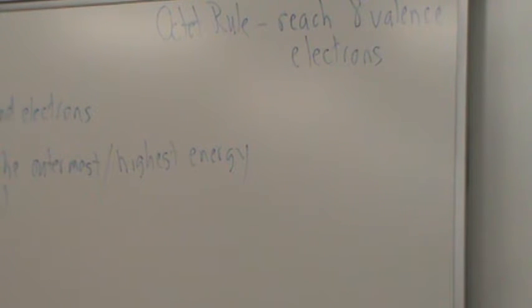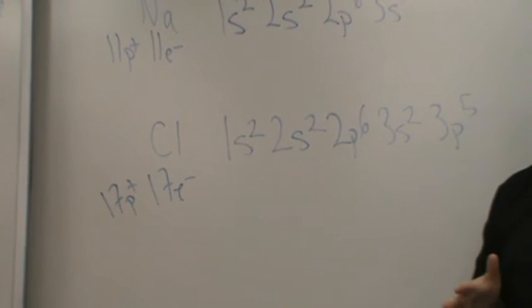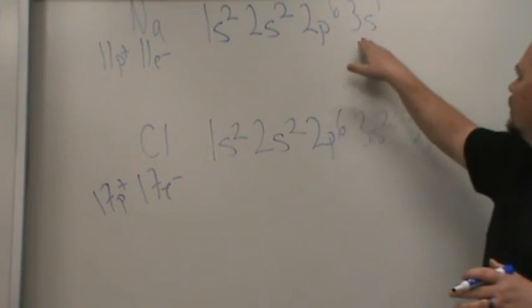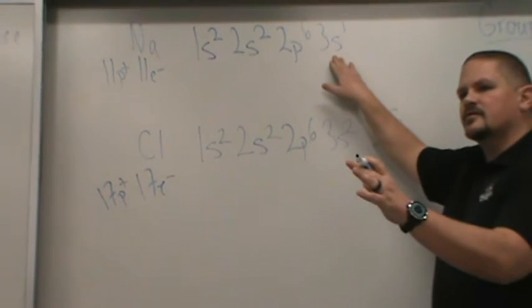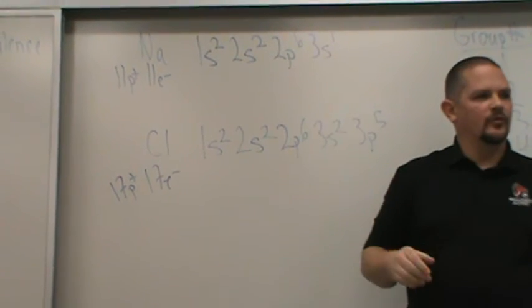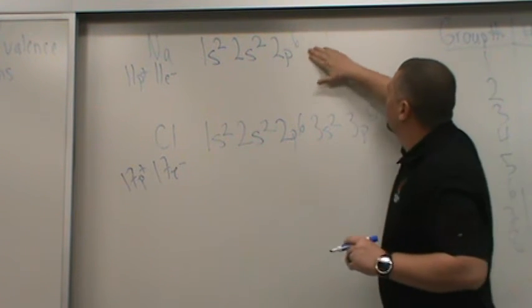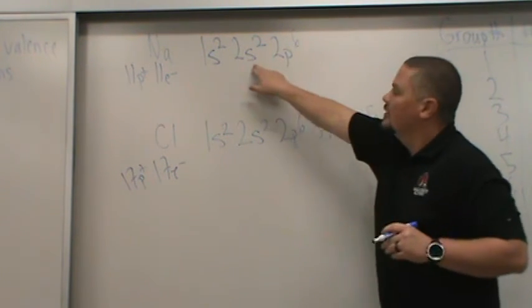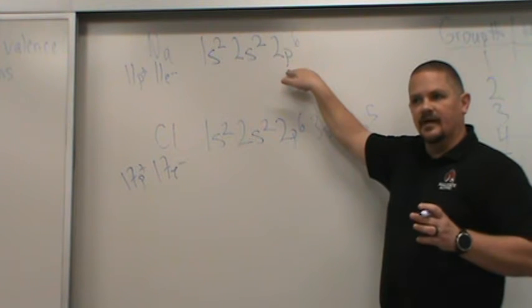So let's go back to our 2 elements right over here. We said that sodium had 1 valence electron, right? And it's trying to reach 8 valence electrons. So for sodium, would it be easier to lose that 1 valence electron or to gain 7 more? All right, so if we lose that 1 in the 3s, our next highest energy level is the second energy level. Everybody see that?